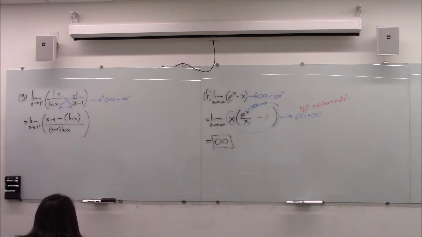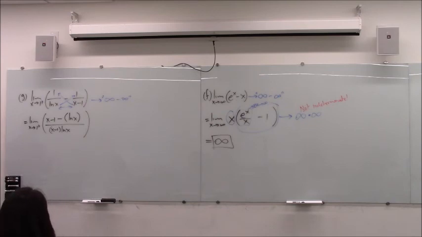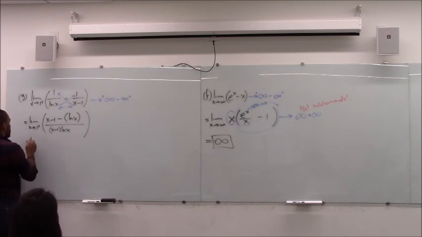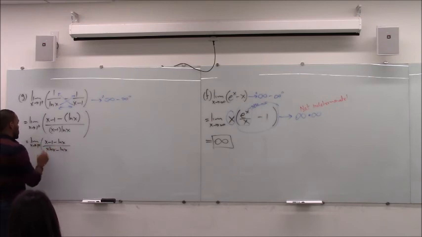What you can also notice now is that, so this is the limit as x approaches 1 of x minus 1 minus ln x over x ln x minus ln x.